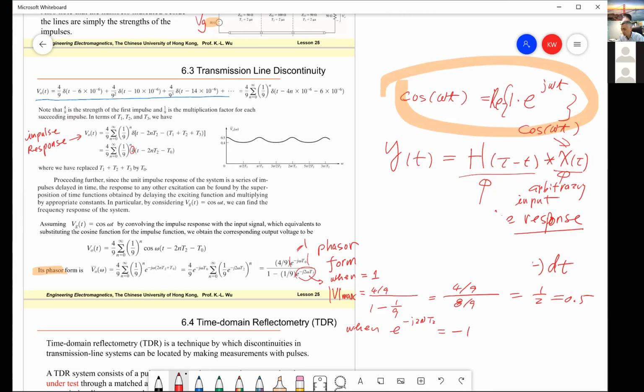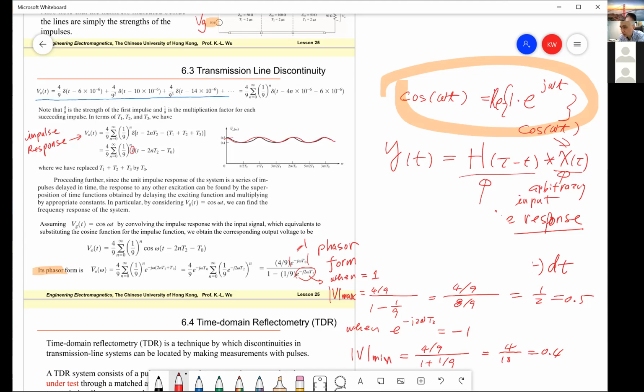When this equals -1, we have the minimum value of the magnitude. So what we expect is that this signal has a ripple.